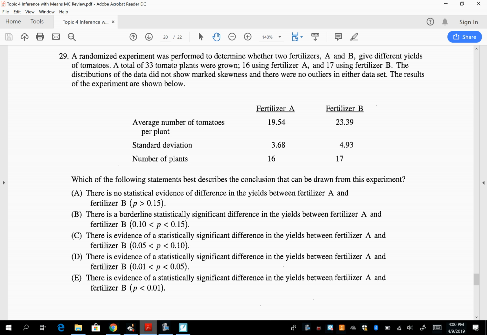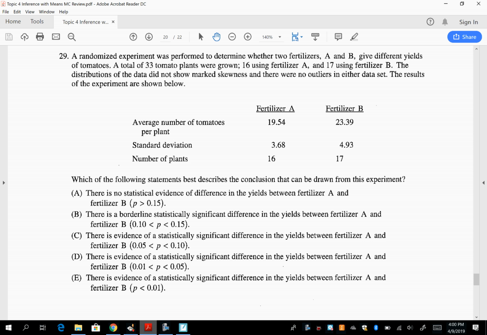You don't have to worry about alpha. You have to figure out where it lies. Is your p-value greater than 0.15? No, it's below 0.15. It's 0.016. It's not in between those two. The only ones that it's in between are 0.01 and 0.05. So that's letter D as in dog.